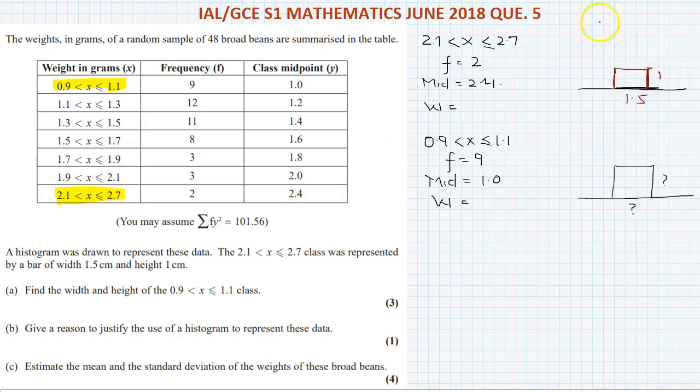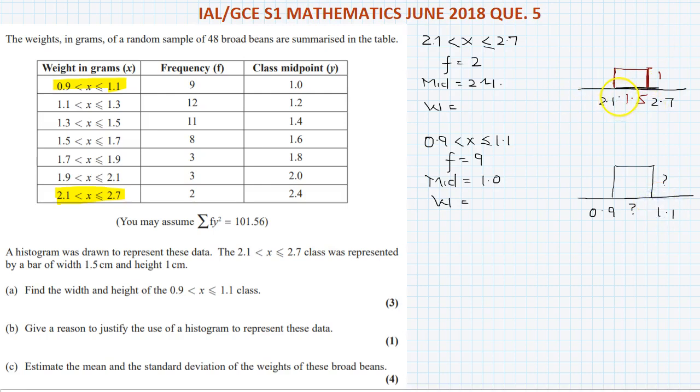Now in this one, the width according to this is, so this is 2.1 up to 2.7, and this is 1.5, this is 0.9, this point and this point is 1.1.